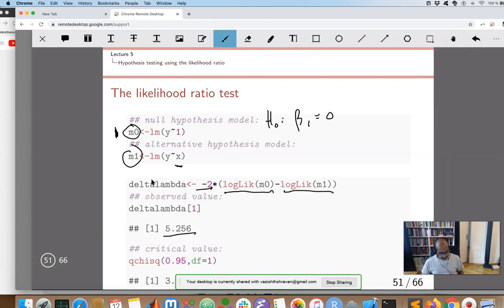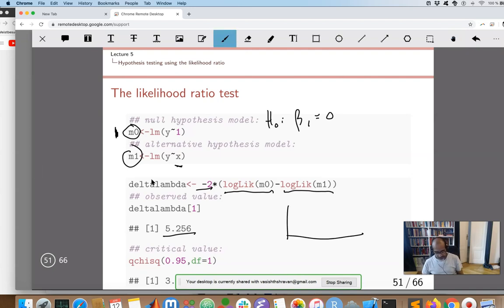Okay, so now I'm going to compare this log likelihood difference that I've observed with the critical value of a chi-squared distribution with 1 degree of freedom. Why 1 degree of freedom? Because there's only one extra parameter, the slope parameter, in the model M1, right?